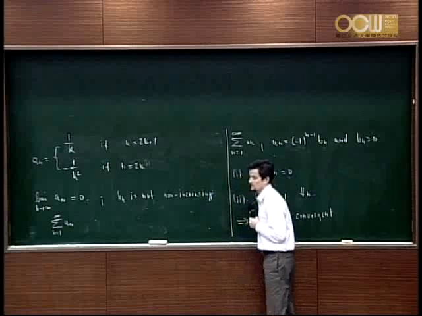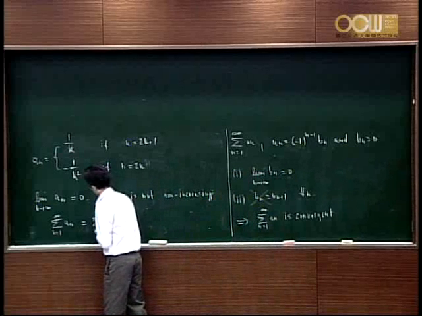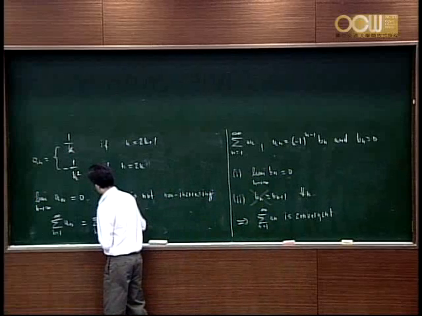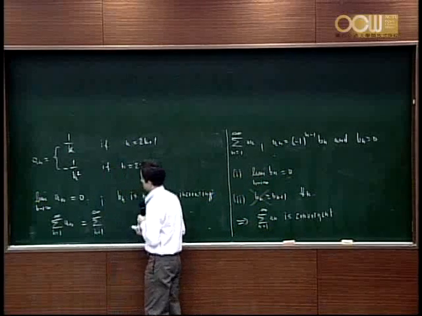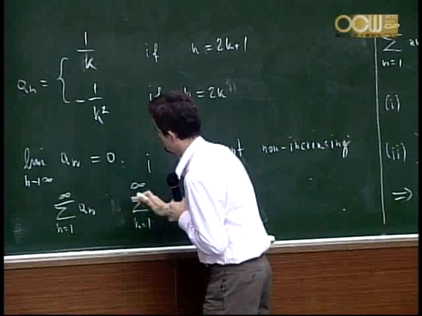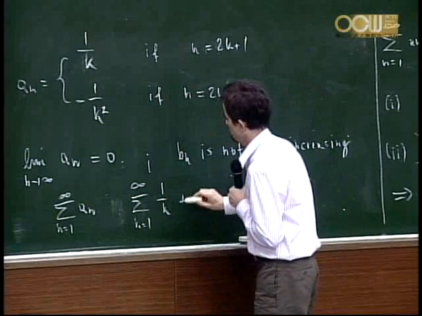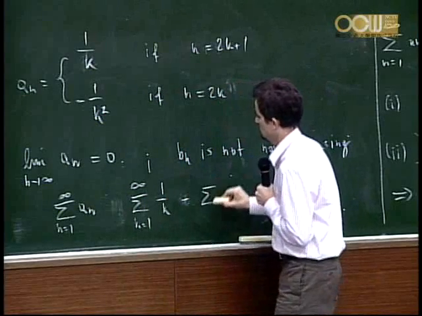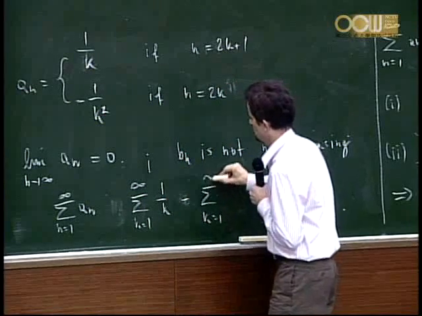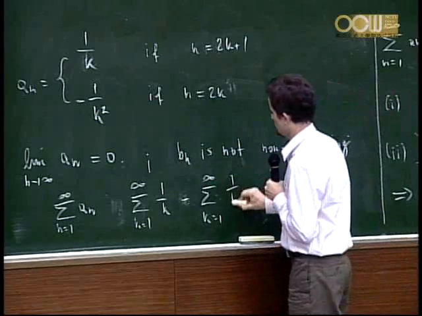This sum here, in this case it's like this one. This is not really true here, so maybe I do not write the equality: it's 1 over k minus 1 over k squared.